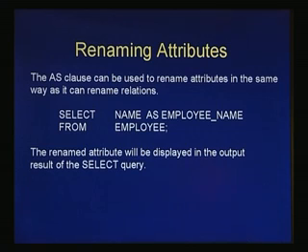However, while returning it, the name of this attribute is changed from name to employee_name. This may be part of a larger query where this would matter, or even if it is just printed out on the output, the name of the attribute would have changed from name to employee_name.